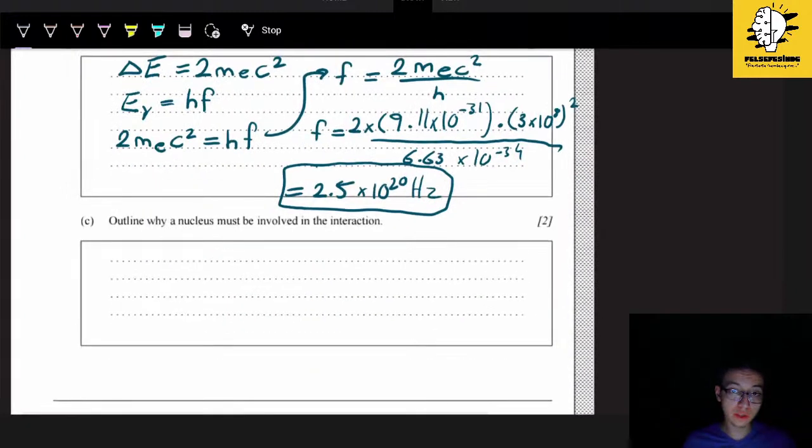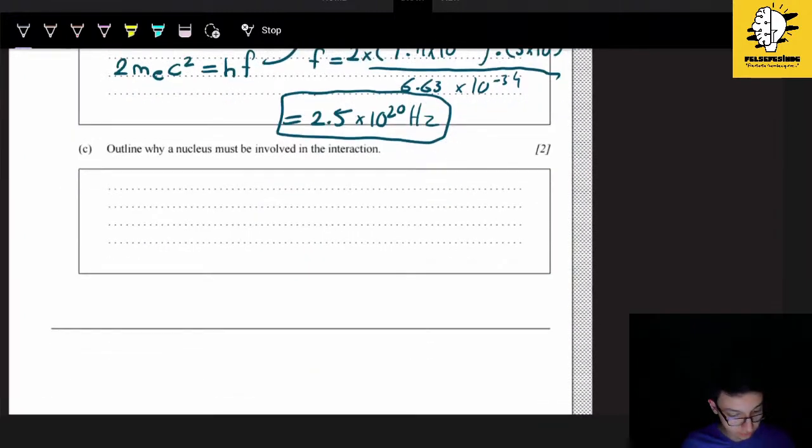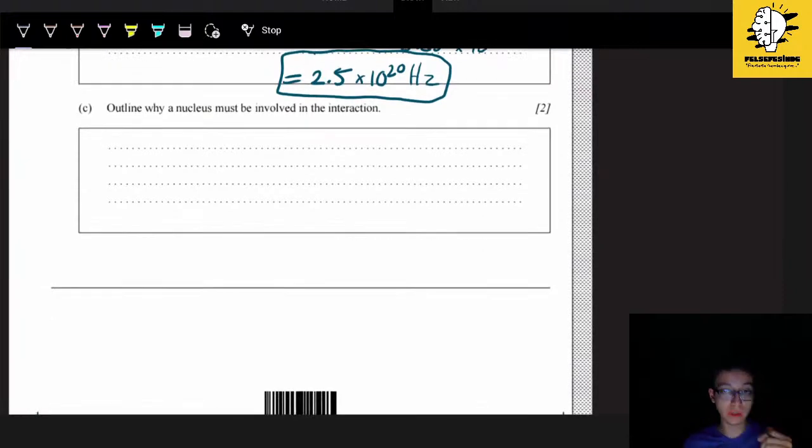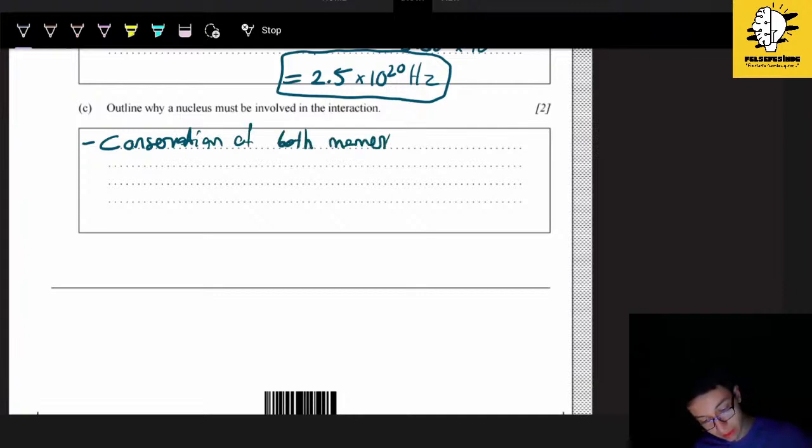Should I go with the very last question also again? Yeah. Outline why a nucleus must be involved in the reaction. Because we have conservation of both momentum and energy. What does it mean? Why a nucleus?